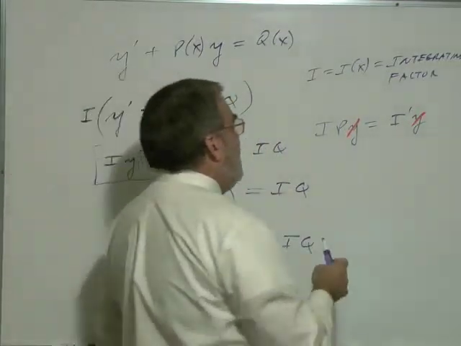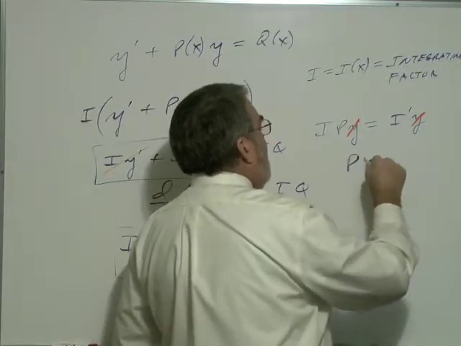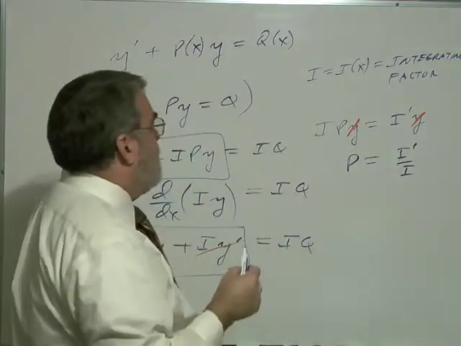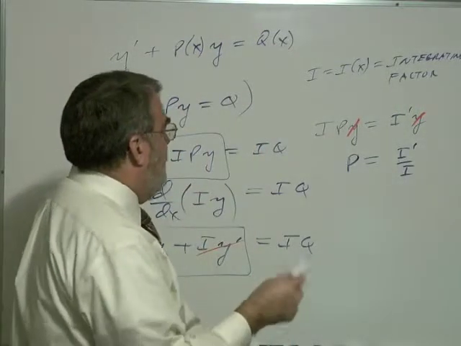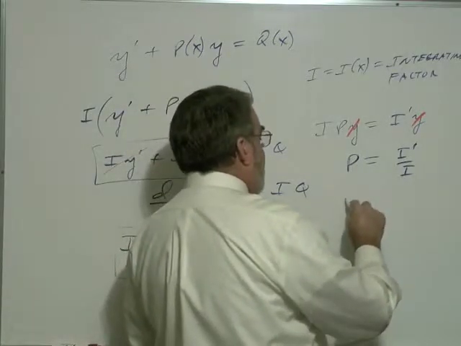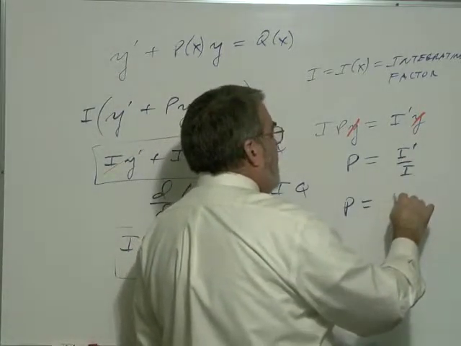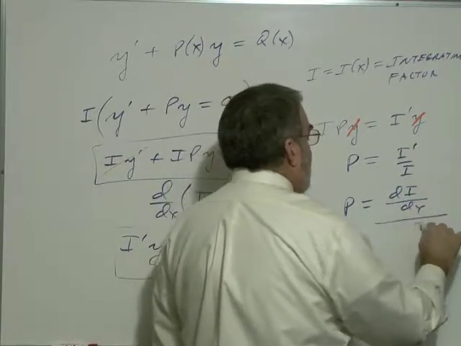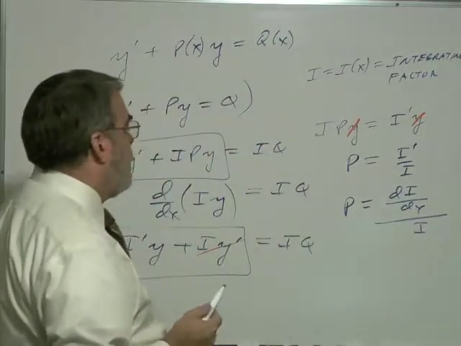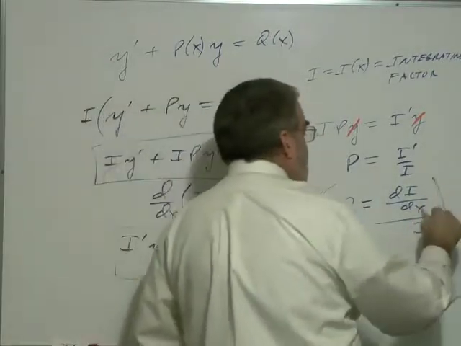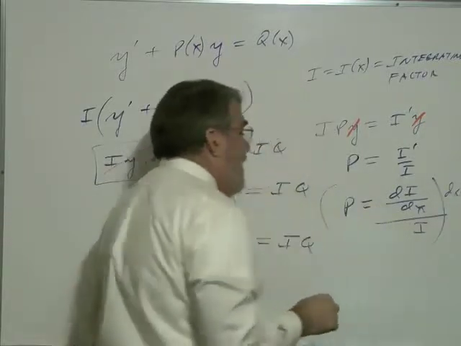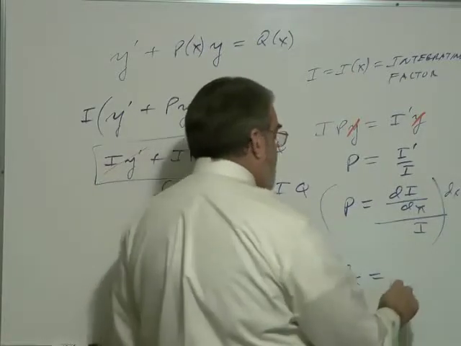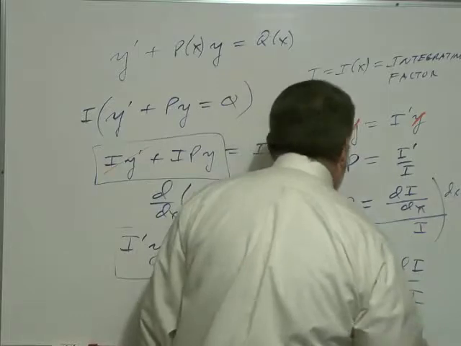And if I divide by I, I have P equals I prime over I. Okay, so if we go to some kind of differential form, P would equal I prime, which is the differential of I with respect to x, all divided by the differential of I. So if I multiply this little equation by dx, I have P dx equals dI over I.